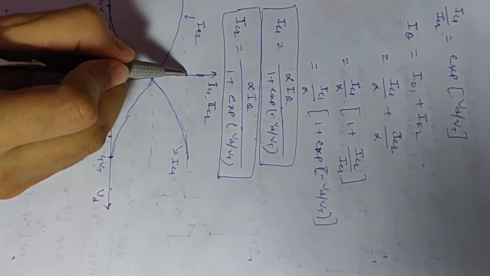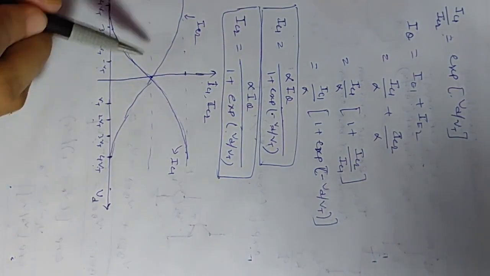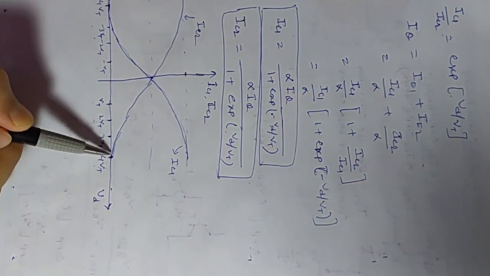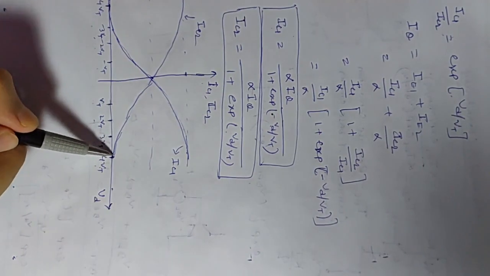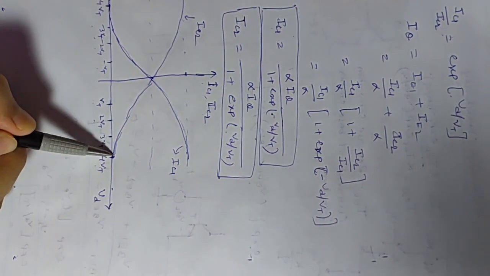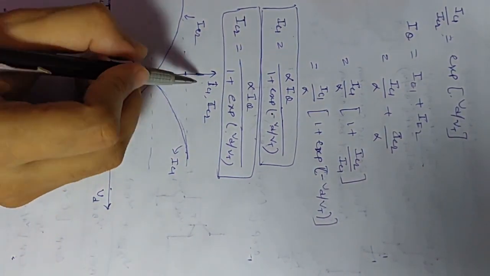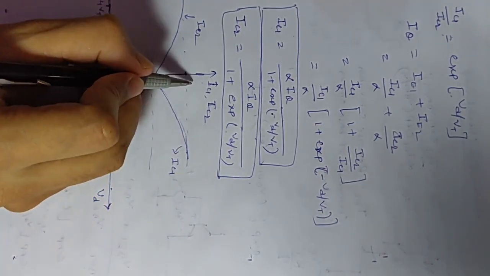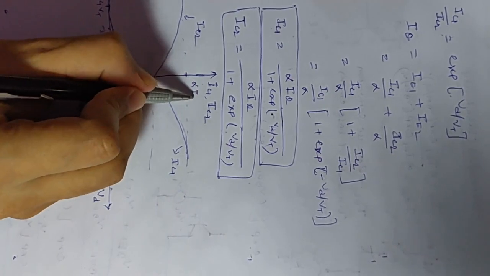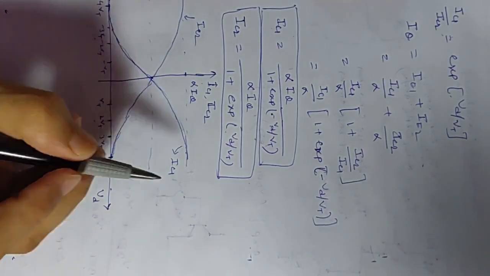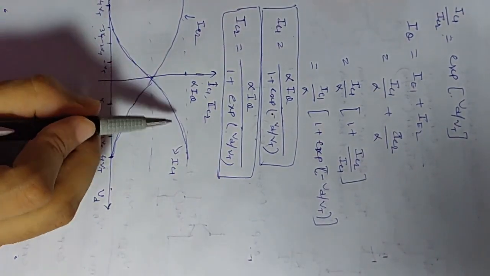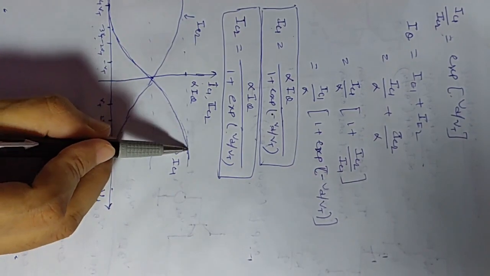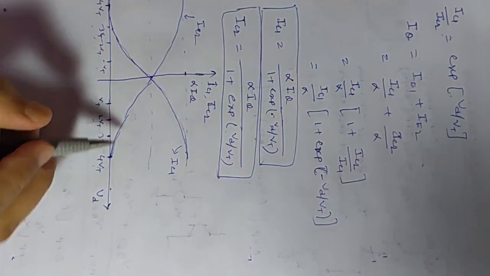The maximum current occurs when one current is 0. At this point IC2 is 0, so as a result IC1 will have IQ. Actually not IQ, it will be alpha times IQ. So IC1 will reach alpha times IQ whenever IC2 is 0.